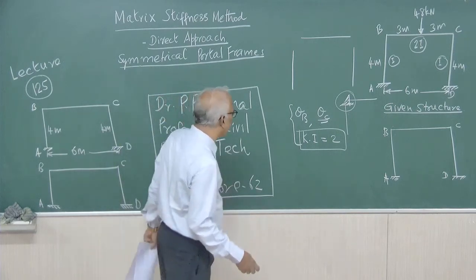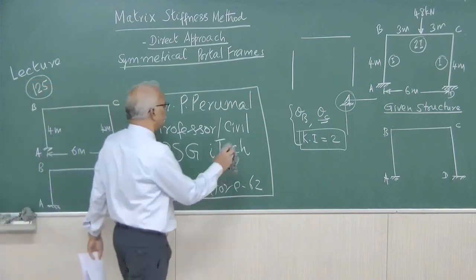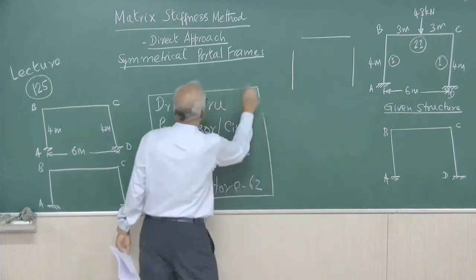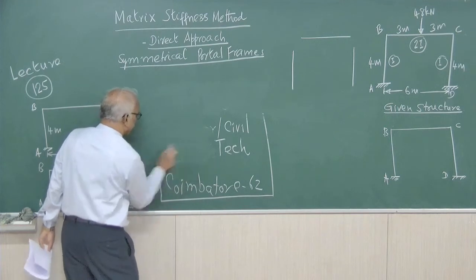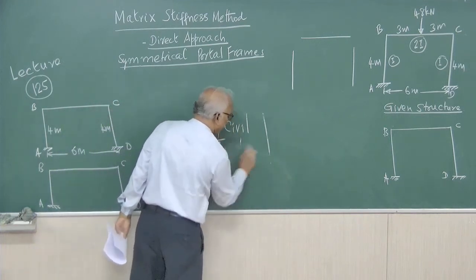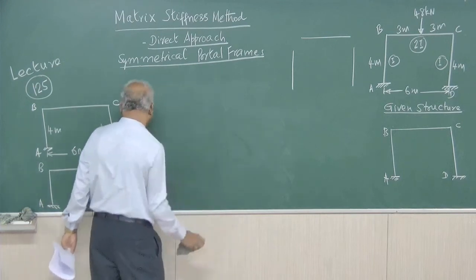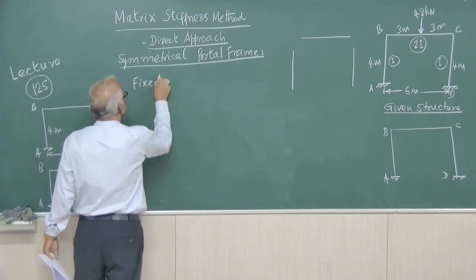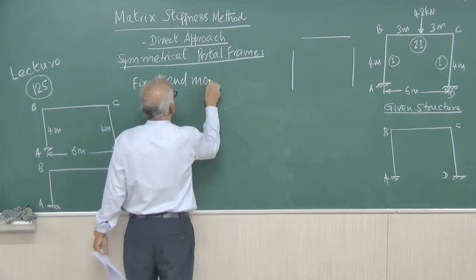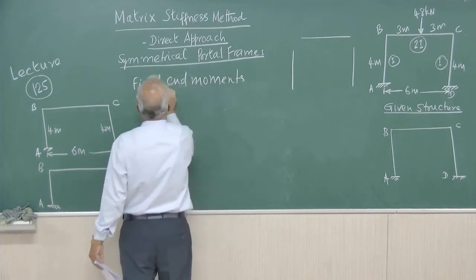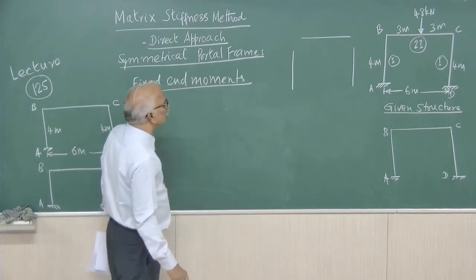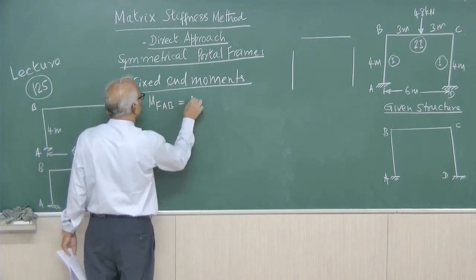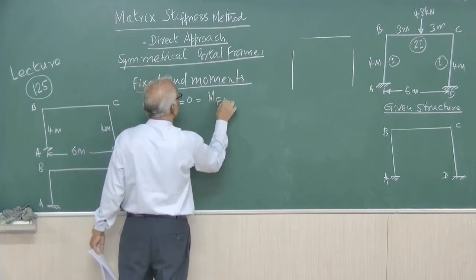Now, we have to find out the fixed end moments. For AB there is no lateral load, therefore MF AB equal to 0, which is also equal to MF BA.